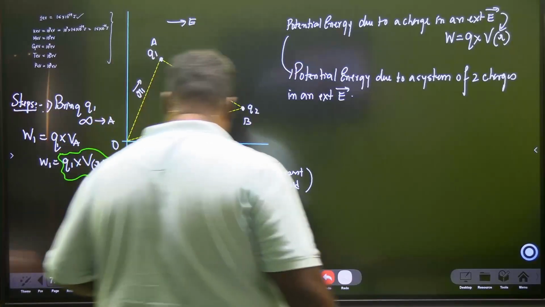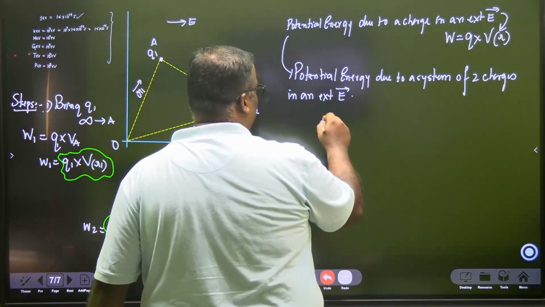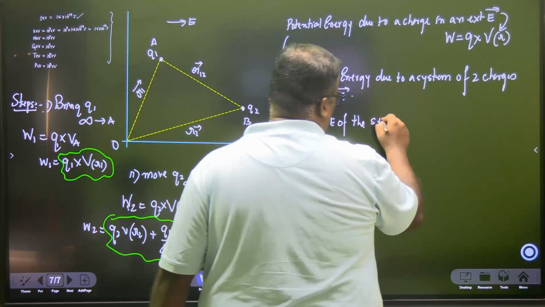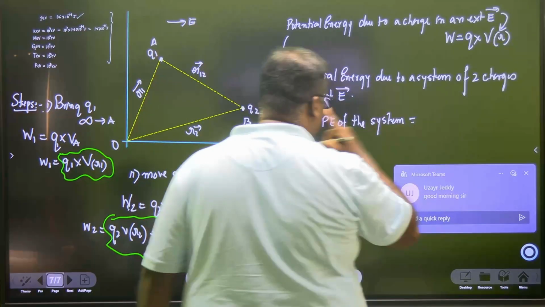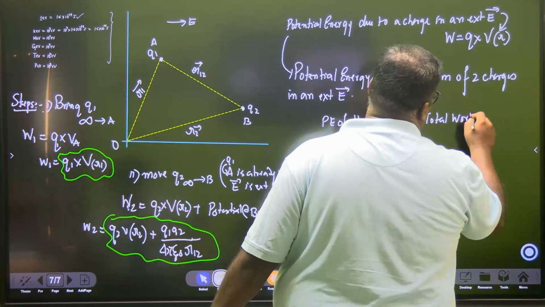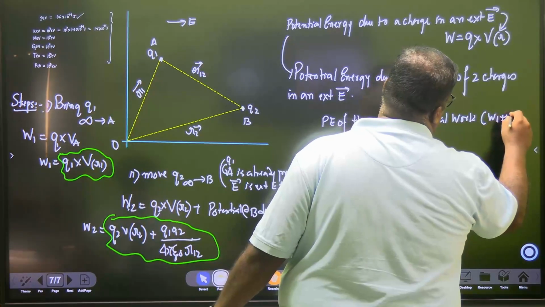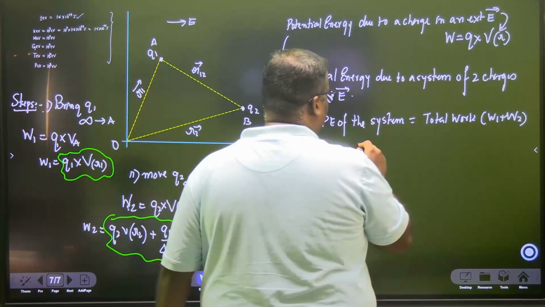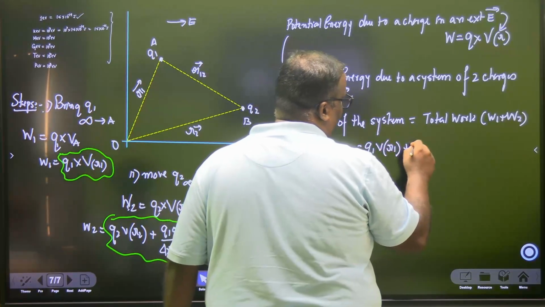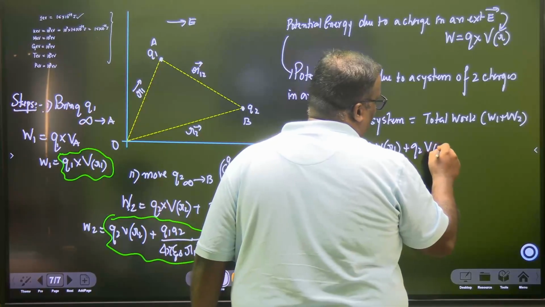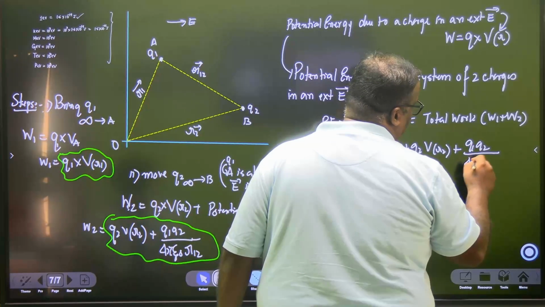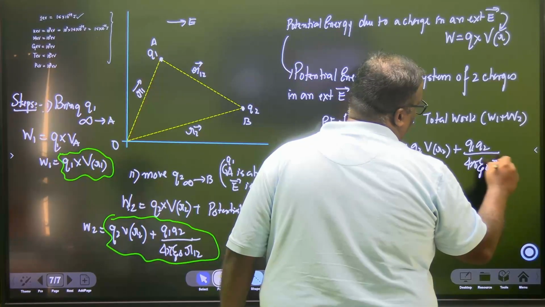So the potential energy of the system will be given by the total work, which is W1 plus W2. So we find that it is equal to Q1 V(R1) plus Q2 V(R2) plus Q1 Q2 by 4 pi epsilon naught R12.